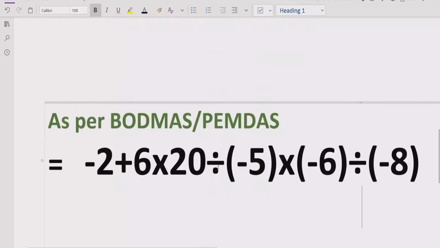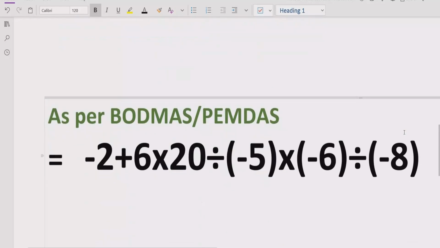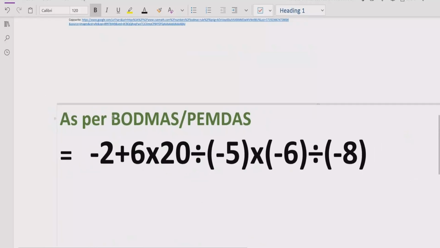Now let's talk about how to solve this expression. According to the BODMAS and PEMDAS rule, first of all, we have to solve the bracket or parenthesis. But in our expression, we do not have any bracket or parenthesis. Now we move forward to step number 2, which is the exponent part or order.